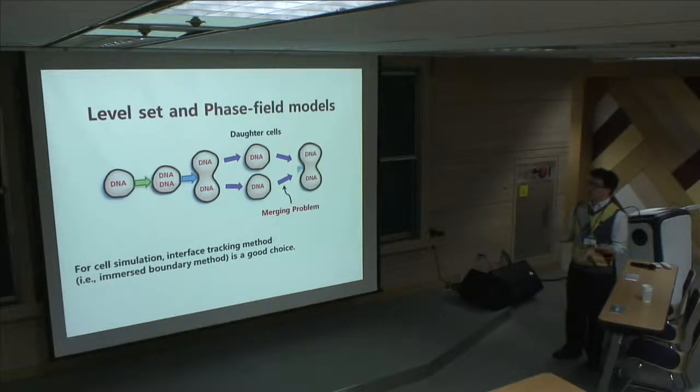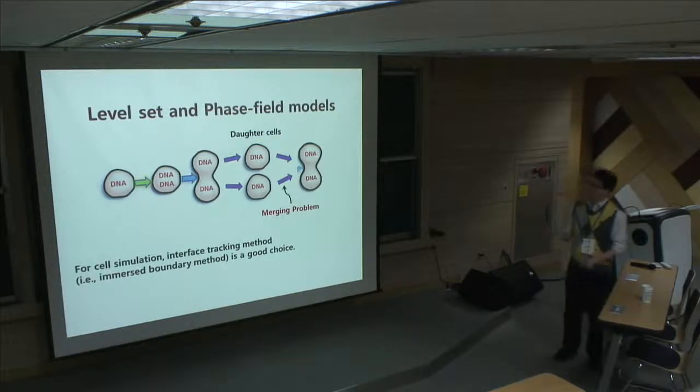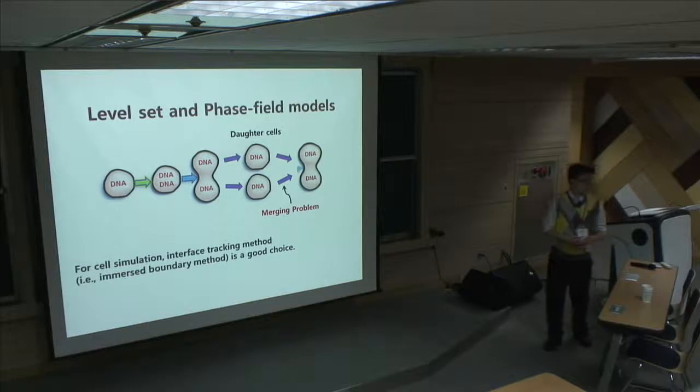Eventually I want to do the tumor cell tissue, which is the ensemble average of cells. A single cell is no problem. But if I use level set or phase field, the interface capturing methods, what problem do we have?